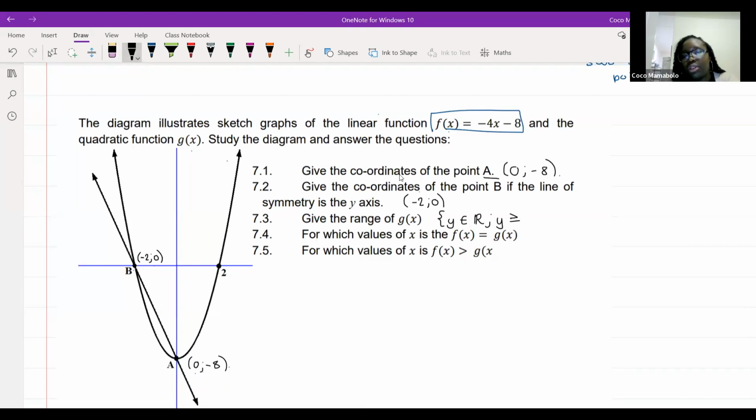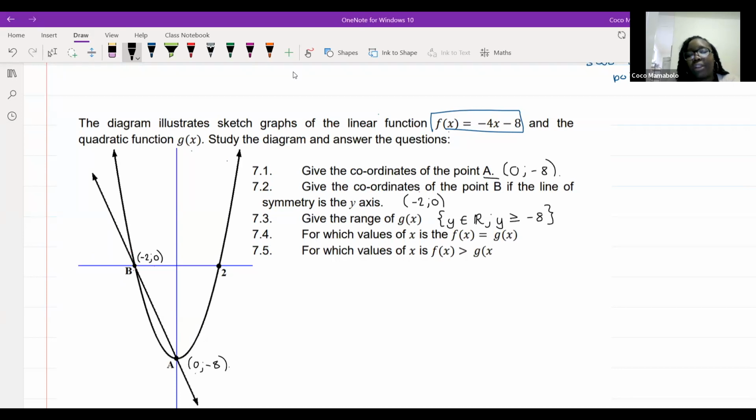Greater or equal to, not less than, be very careful. It needs to be all the values greater than our turning point. What is the y value of my turning point? That's it, Samuel. The y value of my turning point is -8.